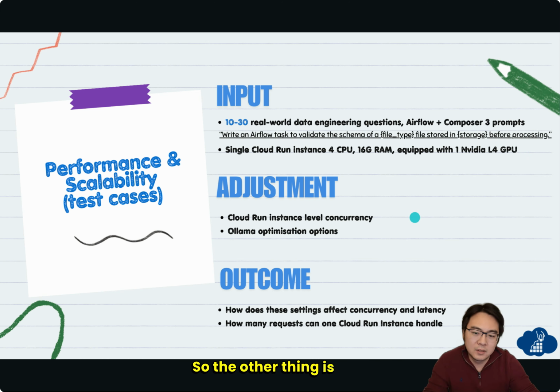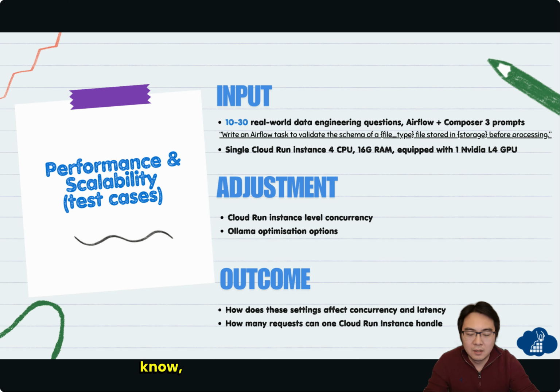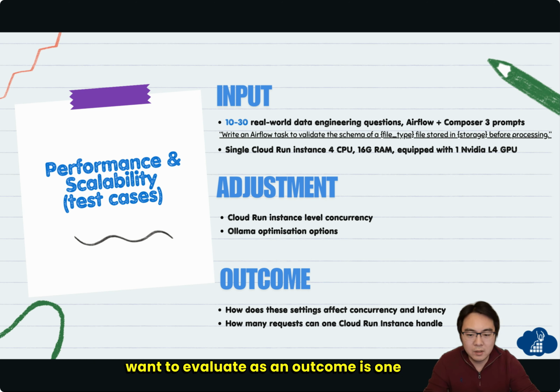The other thing is that I want to make some adjustments. I want to see what happens if I give it different Cloud Run instance-level concurrencies, ranging from 5, 10, 30, and exactly how that affects things on the other side, which is the Ollama optimization options. There's quite a lot I've done in there, and I will show you a table on the upcoming page so you can see what I mean by optimization options. What I want to evaluate as an outcome is, one, how these settings affect concurrency and latency.